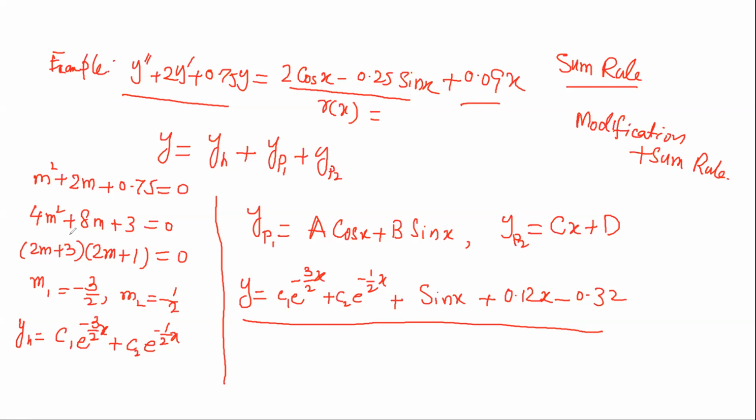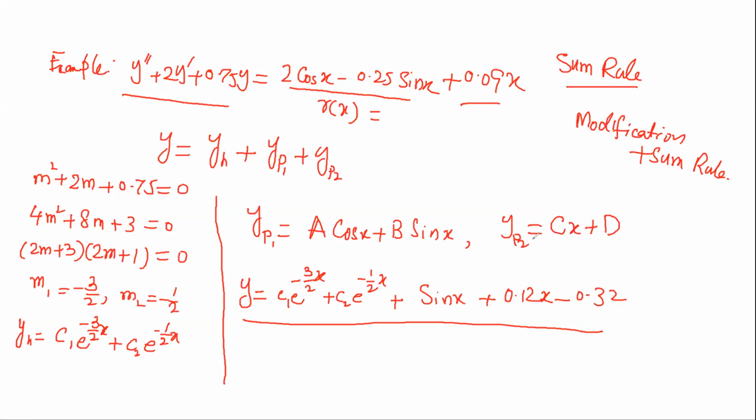Or for example, on this side there is a double root -3/2, and then there is an exponential term with power -3/2. So that e to the power -3/2 will be multiplied by x or x square. It will be multiplied by x square.